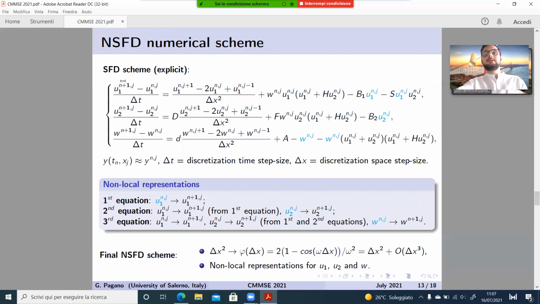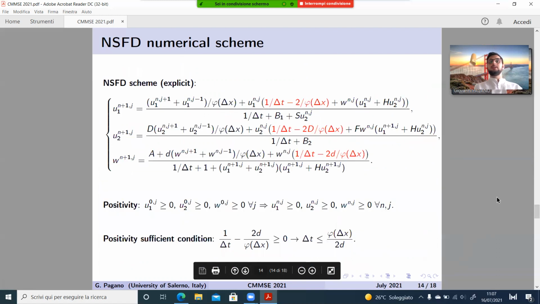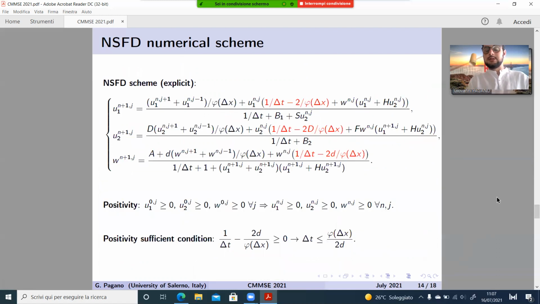Therefore, this is the standard scheme we have initially considered, and with these modifications, we gain our final non-standard scheme that is again explicit like our standard scheme, and we want it to provide positive solutions.